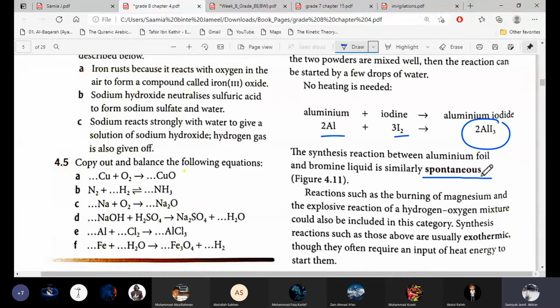What's spontaneous? What is meant by a spontaneous reaction? Don't you know? The child is so spontaneous.